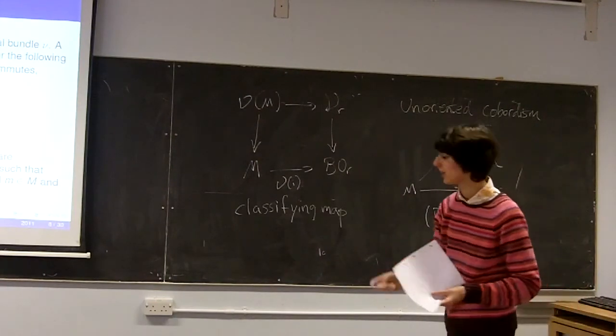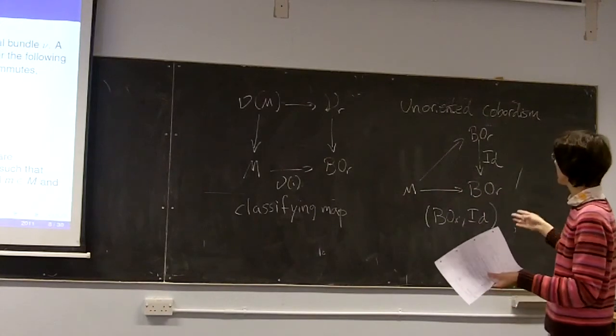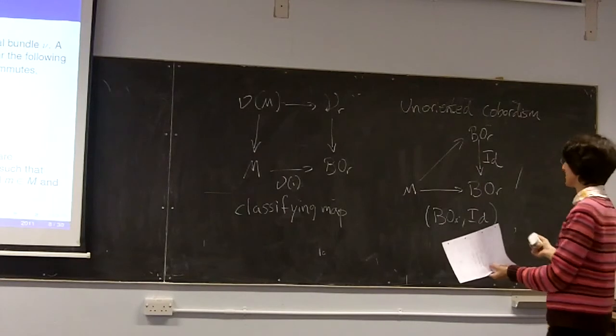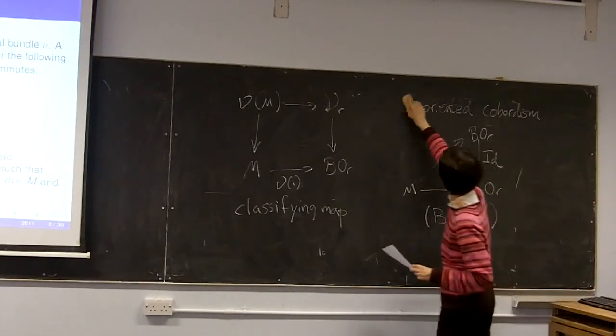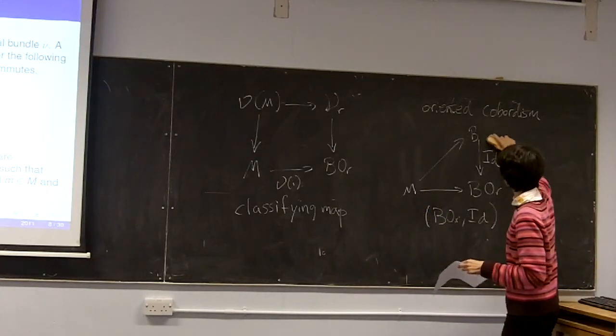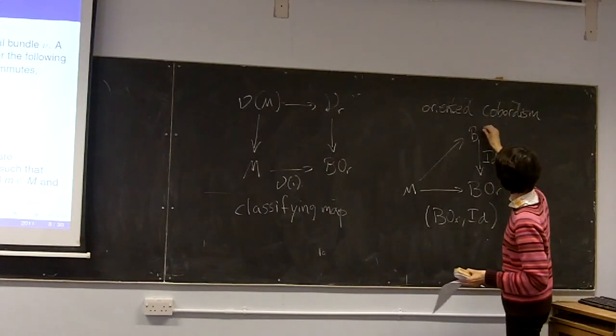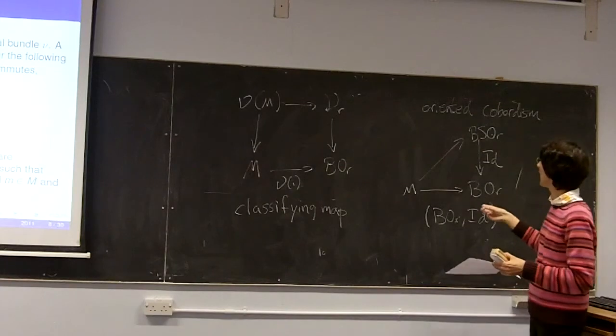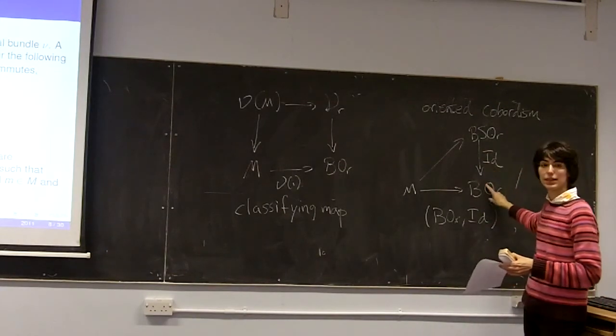If we were to consider oriented cobordism, it would look fairly the same, but we need to introduce here the F sub R, and then this would no longer be the identity.